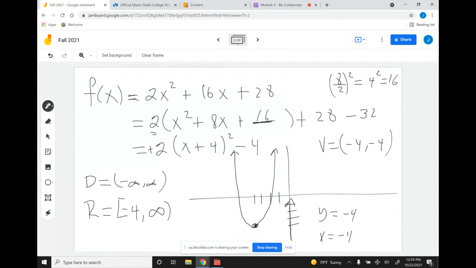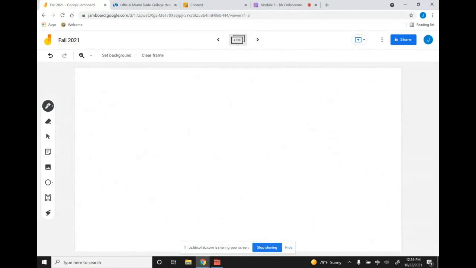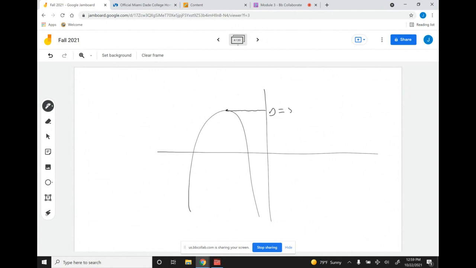Okay, and that's it. Now let's say that you had a case in which you had a graph like this, for instance. This time what you have is an absolute maximum. Let's say that this y is 5 and this is negative 4.